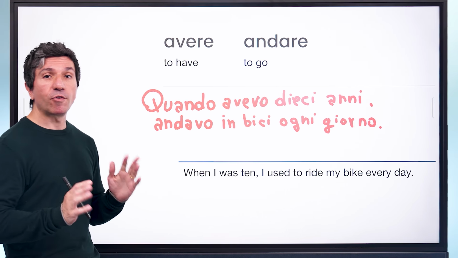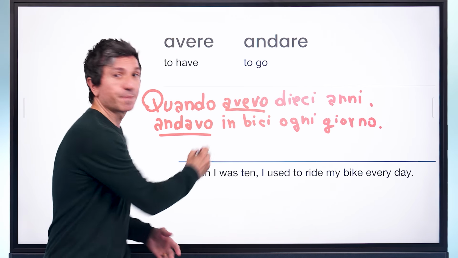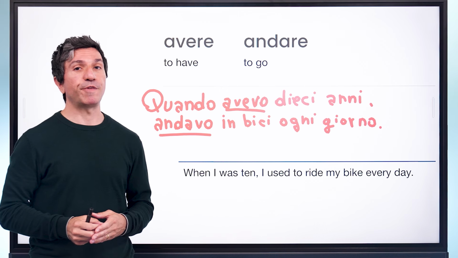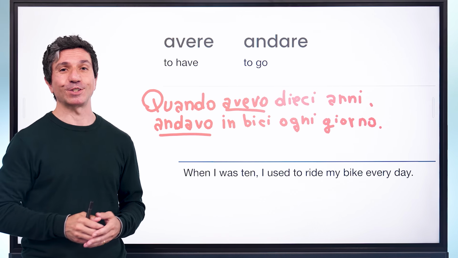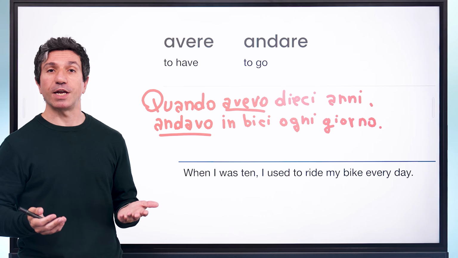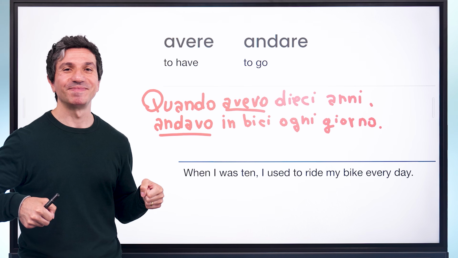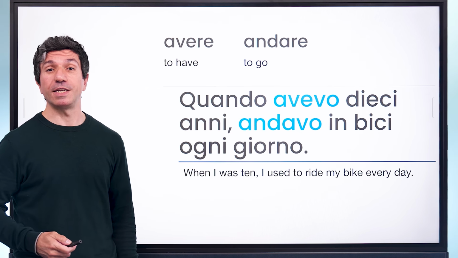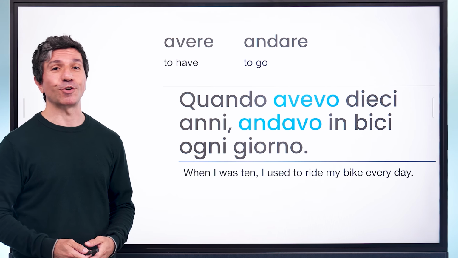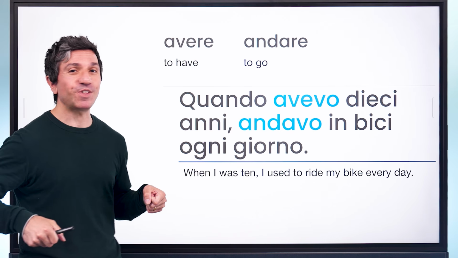Both avevo and andavo are in the imperfetto tense, used to talk about age and repeated past actions. Quando avevo 10 anni, andavo in bici ogni giorno. When I was 10, I used to ride my bike every day.